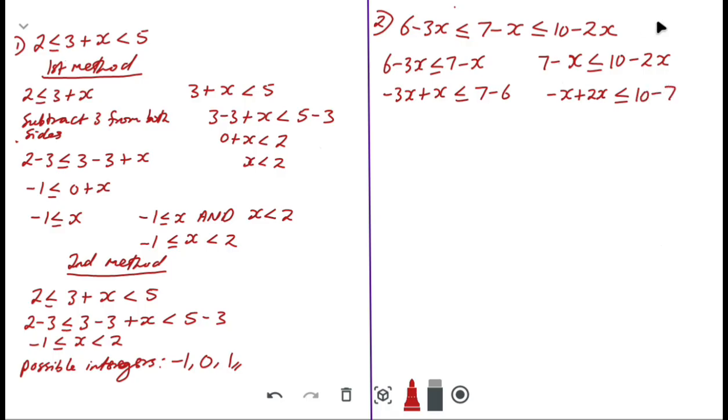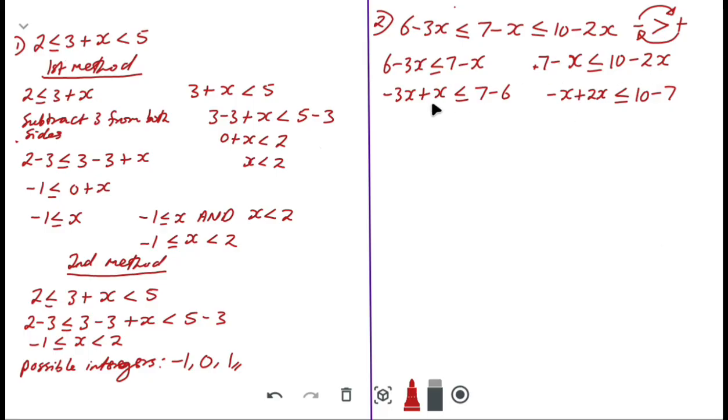So recall that any operation that crosses the border of the inequality sign is going to change. Minus is going to change to plus, and plus is going to change to minus. That's exactly what we did here. So if plus 7 crosses the border of this inequality, it changes to minus 7, and minus 2x that crosses the border changes to plus 2x.